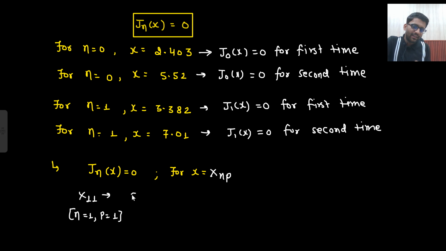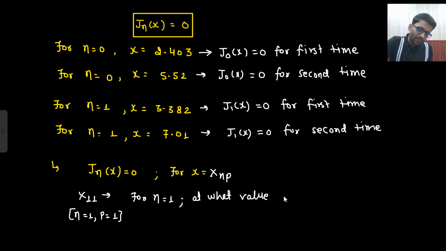So for n equals 1, at what value of x is Jn(x) becoming 0?